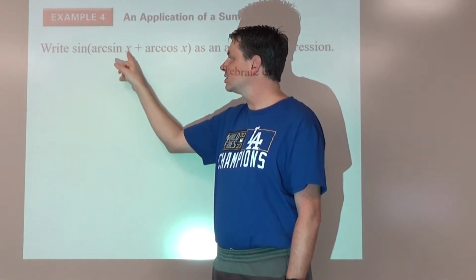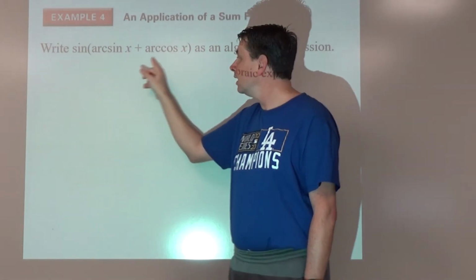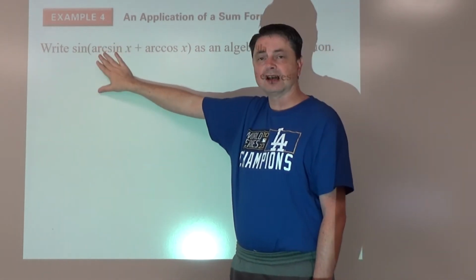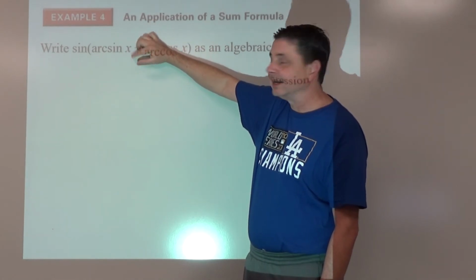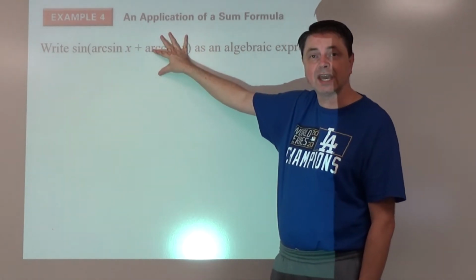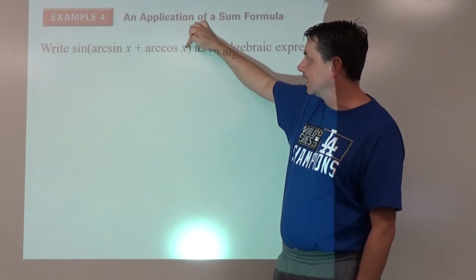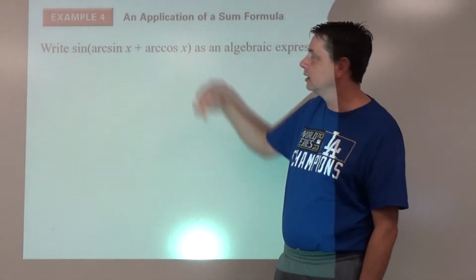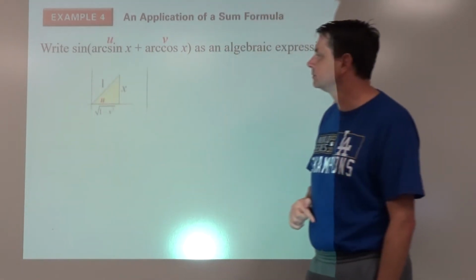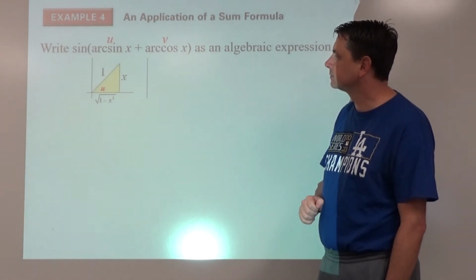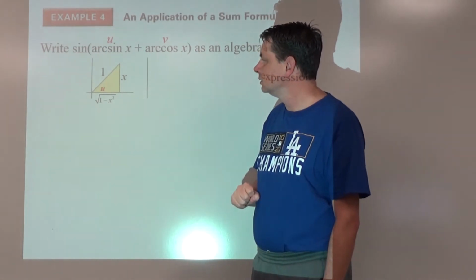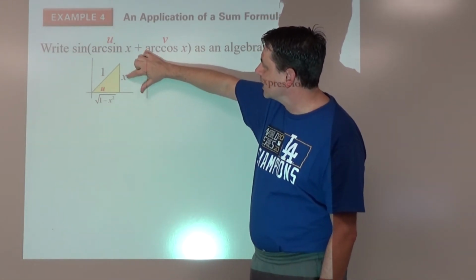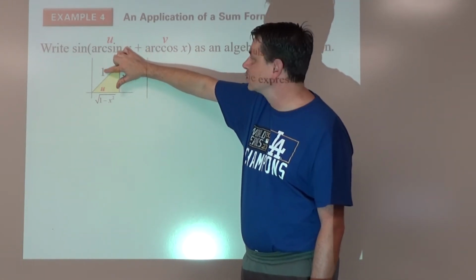So we're going to sketch, if we think of this as being x over 1, sine opposite x, hypotenuse 1. And same thing over here, different sketch, adjacent x over hypotenuse 1. So we want some sketches. All right, so here's our sketch for angle u, opposite x, hypotenuse 1.